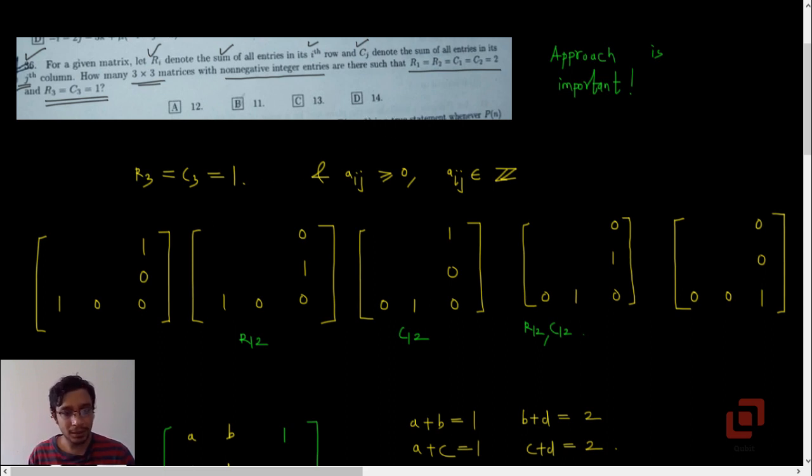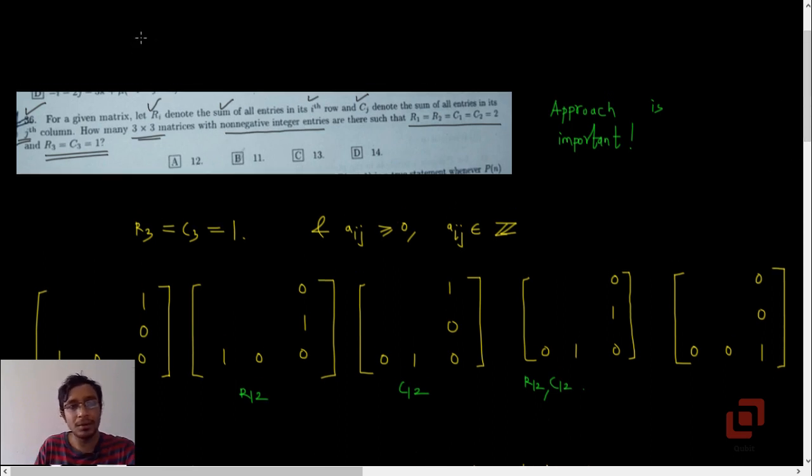Now one thing you should understand is that by Ri and Cj we usually mean the rows and columns, the entire row vector or column vector.